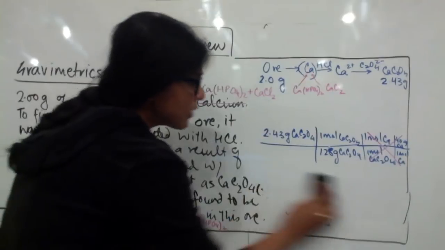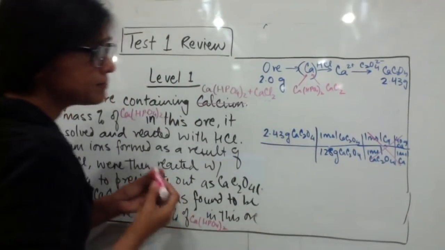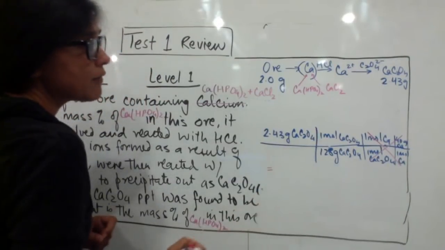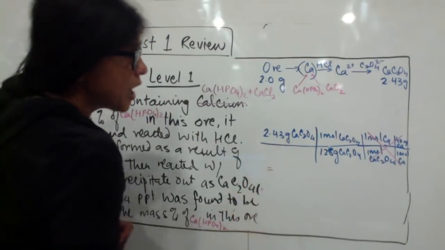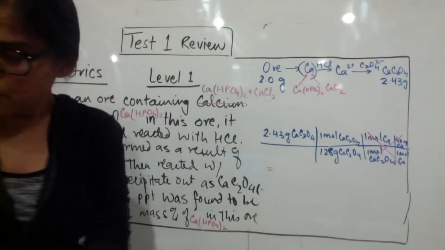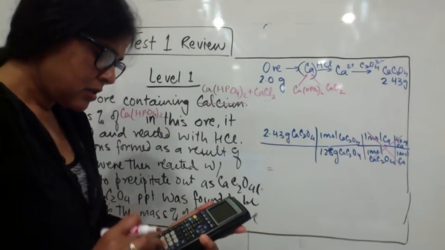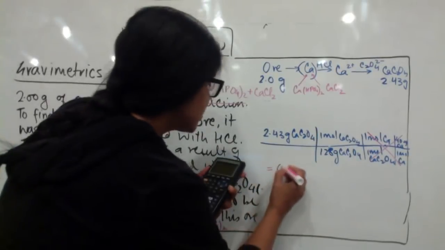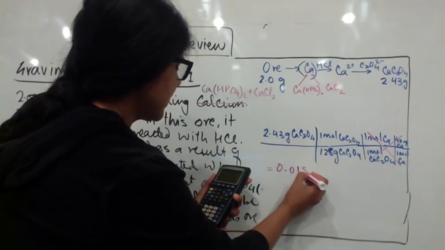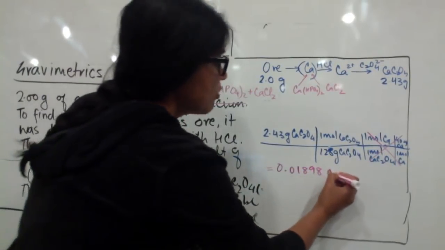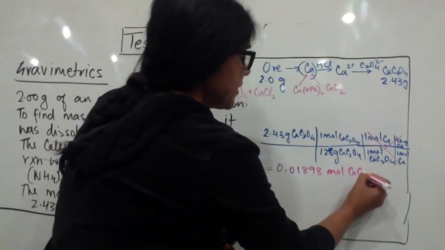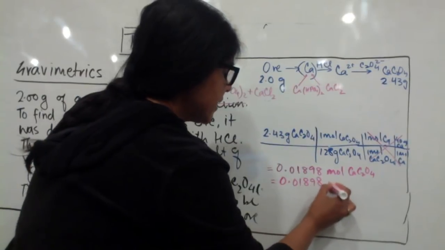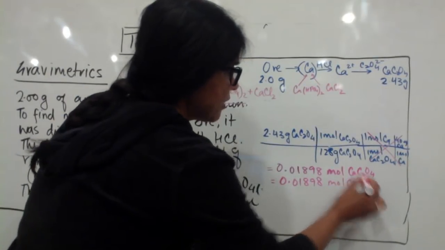So how you will go about it is you'll go till here, as you did in the previous problem. Now figure out total moles of calcium oxalate. So divide 2.43 by 128 still. And that gives you 0.01898 moles of calcium oxalate, or 0.01898 moles of calcium, right?